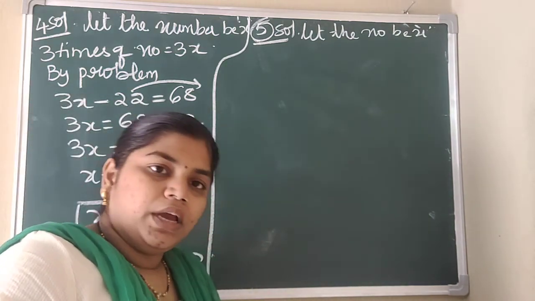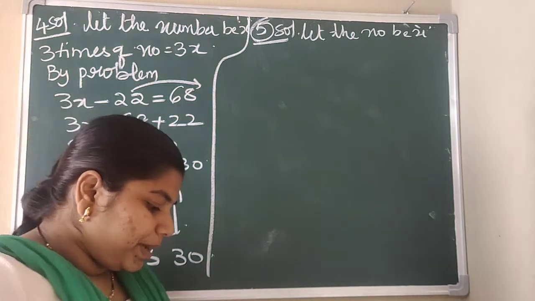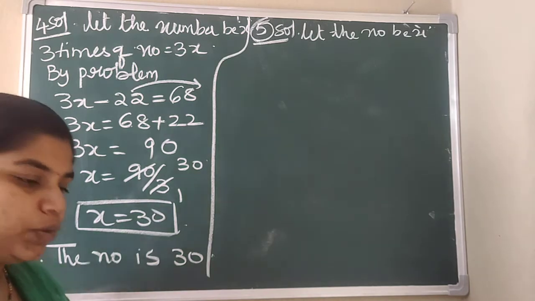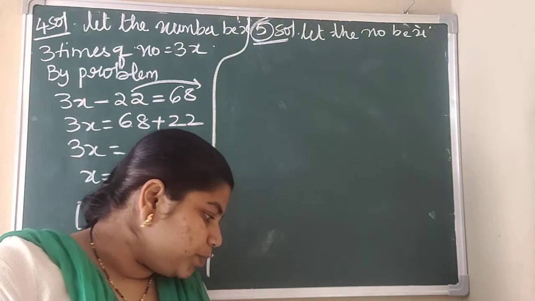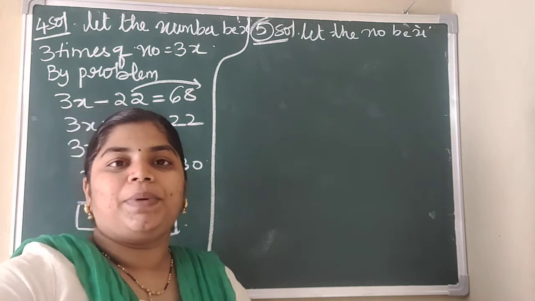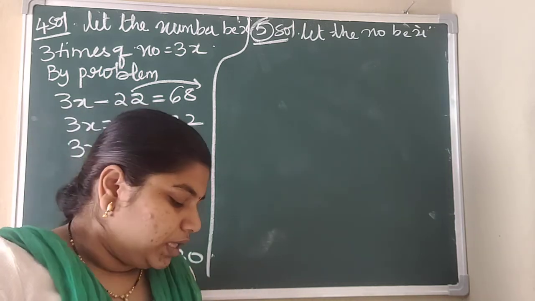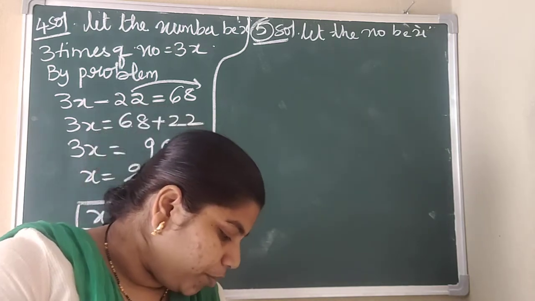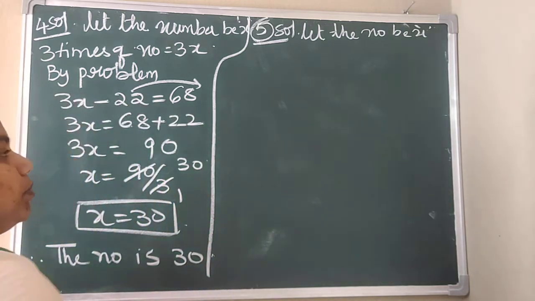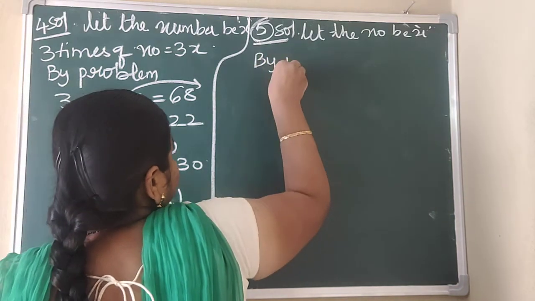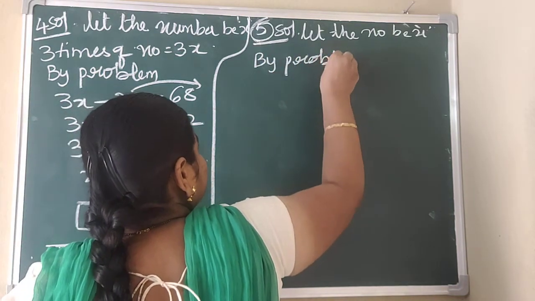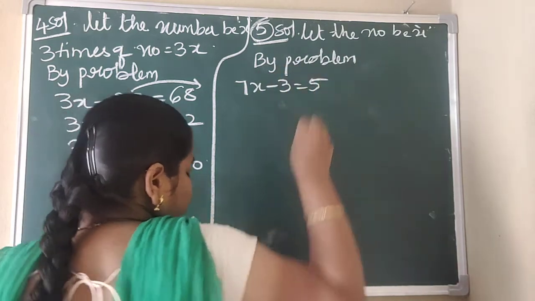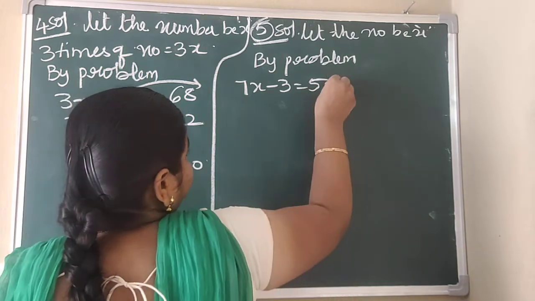We have to find a number. So what they told, multiplied by 7. The number multiplied by 7 means that will be equal to 7x, and reduced by 3. From that 7x we have to subtract 3, that is 7x minus 3. After doing that, the result will be 53. So by the problem we can write 7x minus 3 is equal to 53.